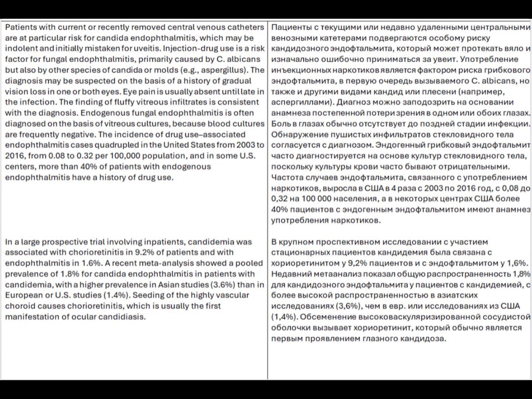A recent meta-analysis showed a pooled prevalence of 1.8% for Candida endophthalmitis in patients with candidemia, with a higher prevalence in Asian studies, 3.6%, than in European or US studies, 1.4%. Seeding of the highly vascular choroid causes chorioretinitis, which is usually the first manifestation of ocular candidiasis.